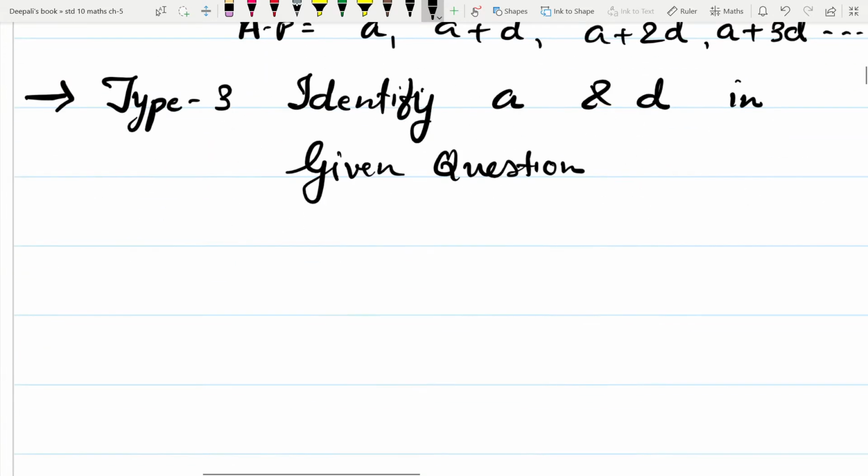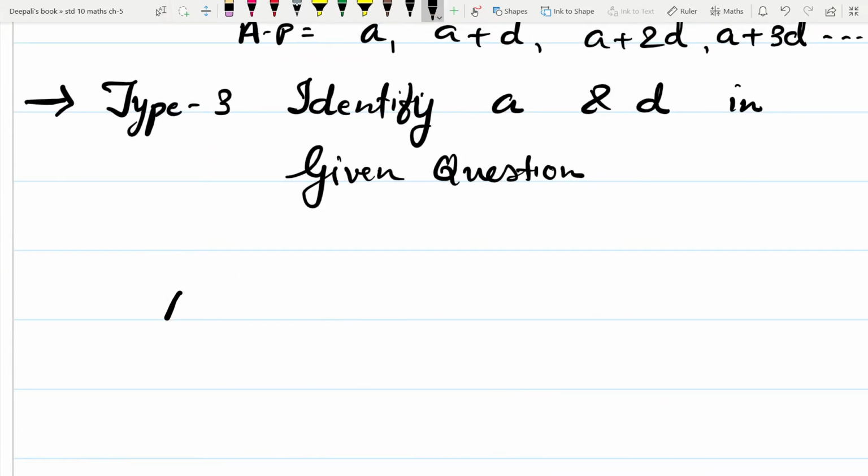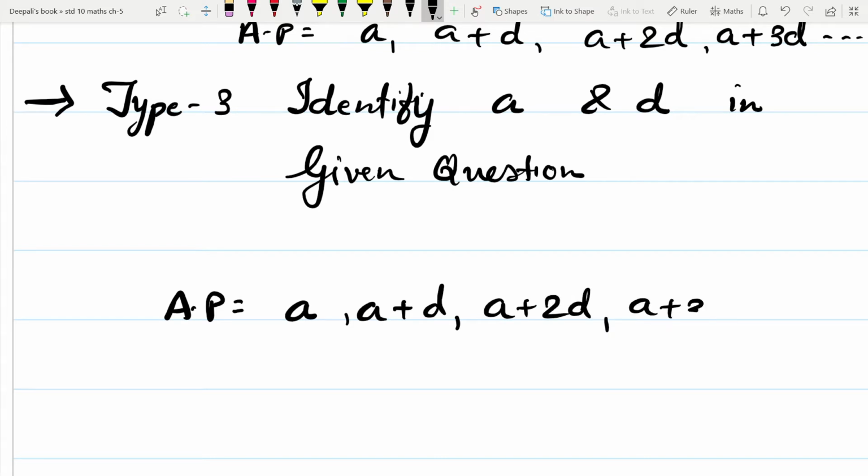So basically you should know the formulas. AP is equal to A plus D, A plus 2D, A plus 3D, and so on. A is equal to the first term.